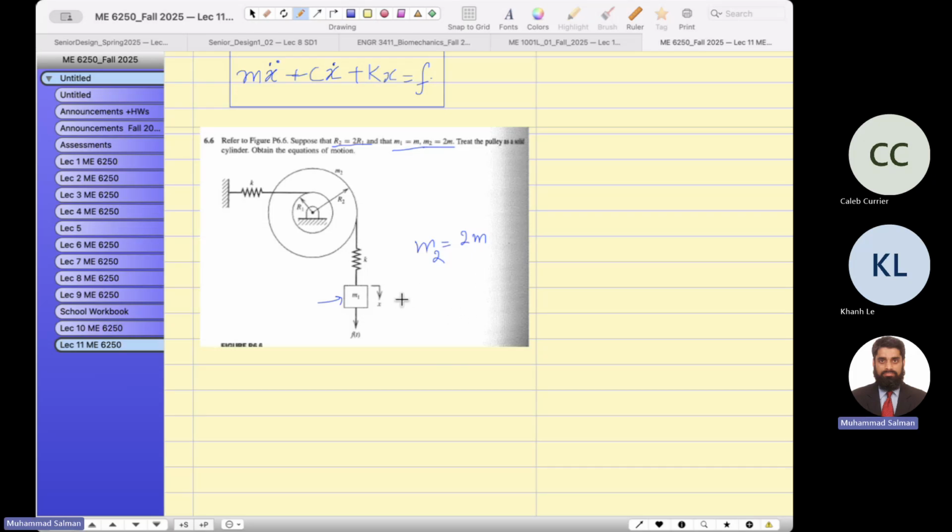So look, this is moving here like a theta. I would say theta is the generalized coordinate for the pulley, and I will use this displacement as well as theta to completely define the motion.